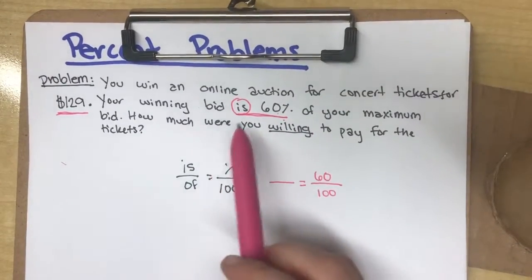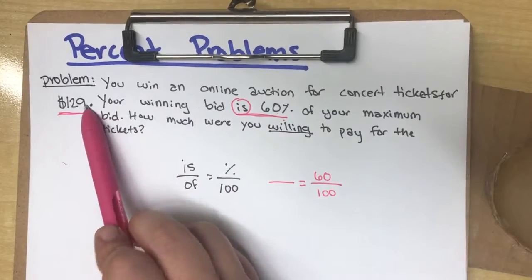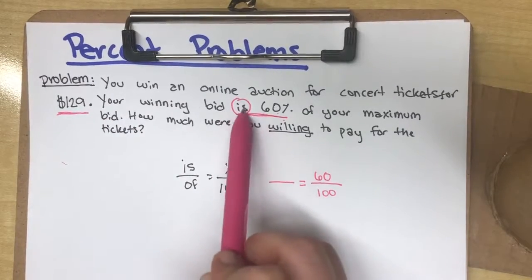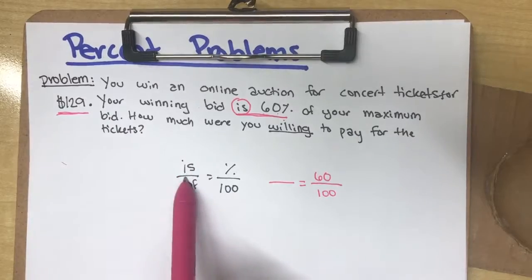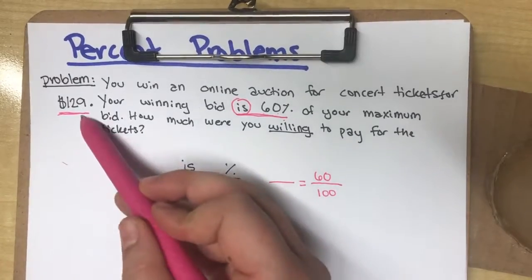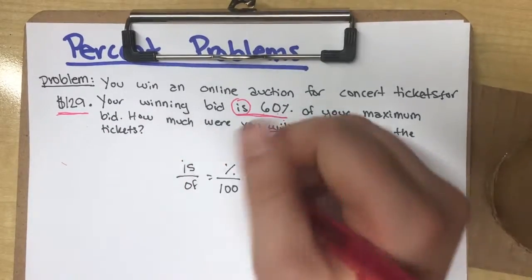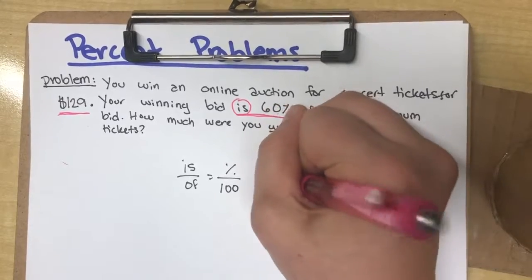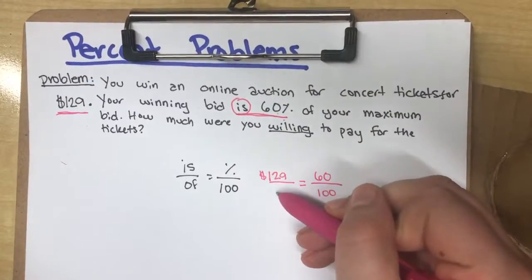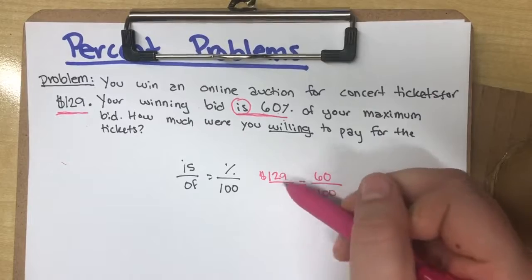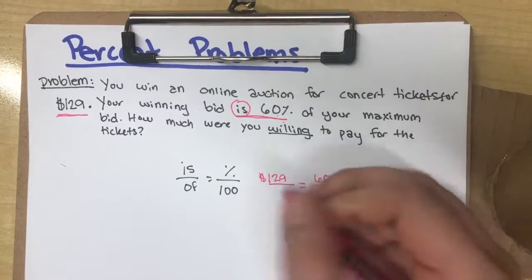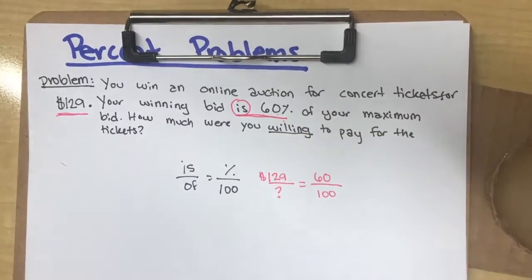Okay, and then since I know that 129 is 60%, I know that 129 is going to go in the is spot. It's the portion of the total. I know that the total is going to be more than what I actually paid since this is equivalent to 60%. So I don't know what of is.